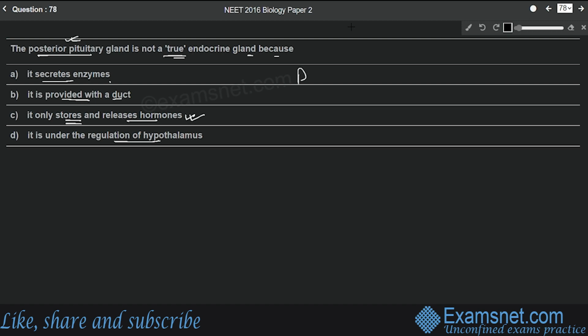So posterior pituitary, that is also known as neurohypophysis, releases two hormones, namely oxytocin and ADH.